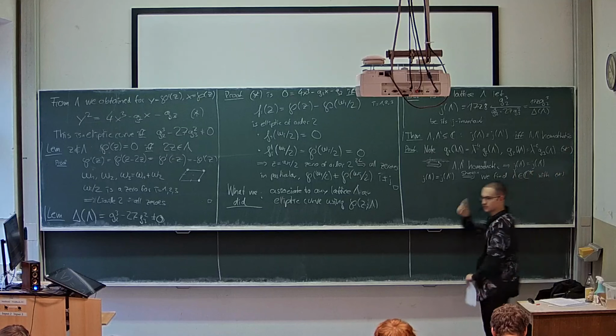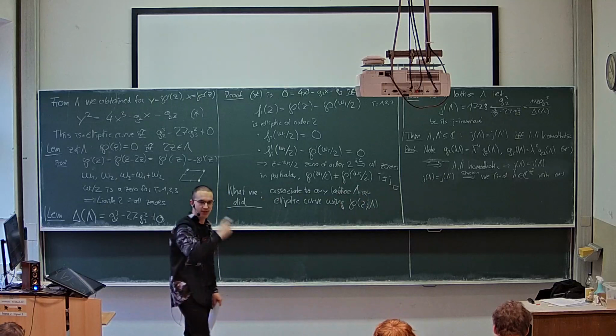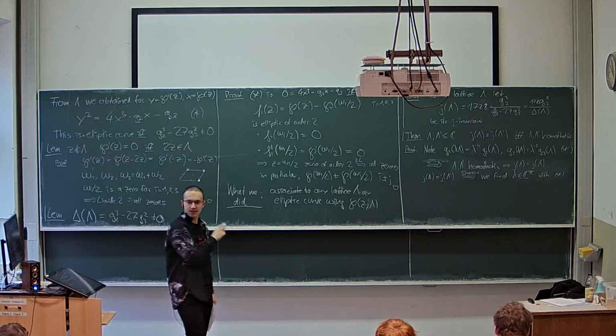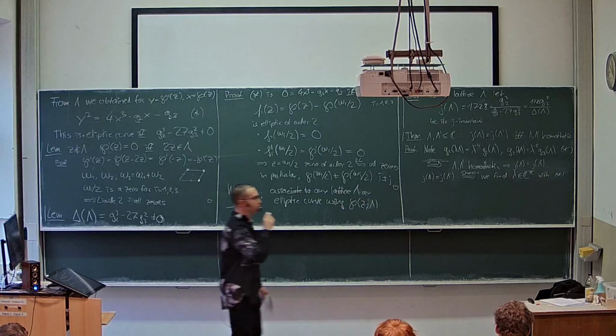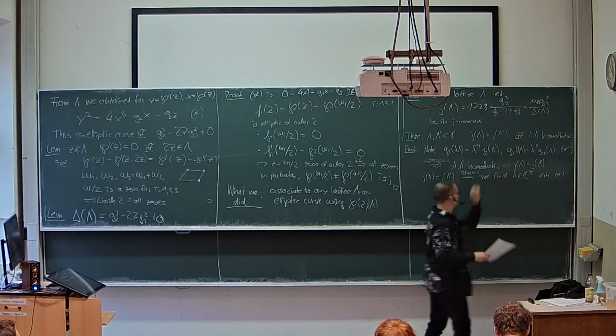This is what you did on sheet 1, because this is precisely saying that if two elliptic curves have the same J invariant, they are isomorphic as elliptic curves, and an isomorphism of elliptic curves is precisely this condition. Okay, now I'm back on track.